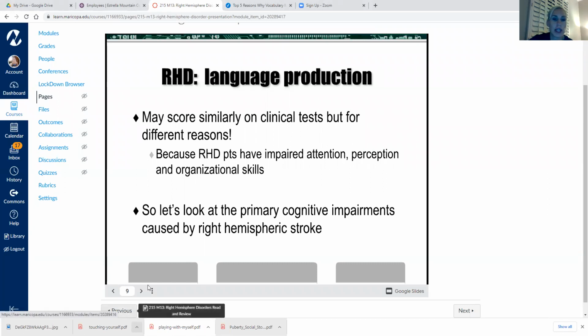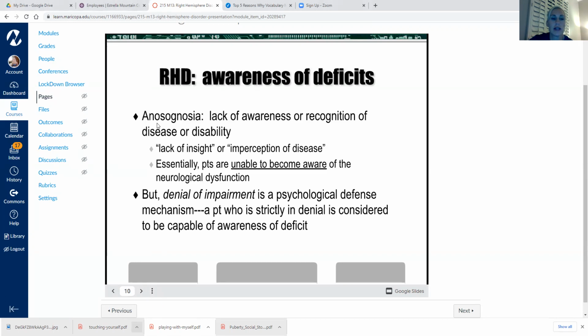So kind of looking at primary cognitive impairments caused by right hemispheric stroke. Oh gosh, I never can say these right. Anosognosia. They don't recognize that there's an issue.